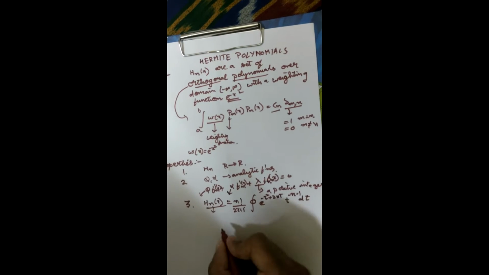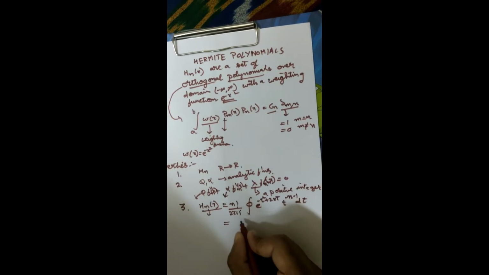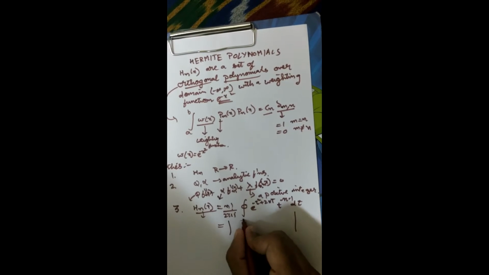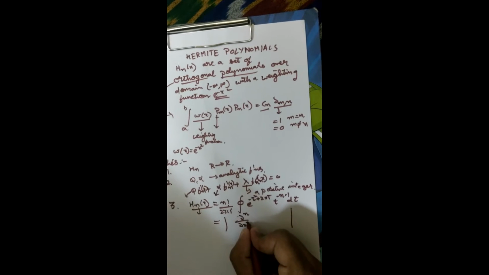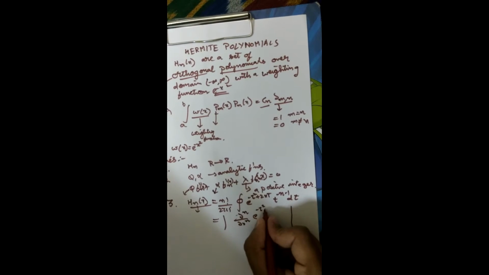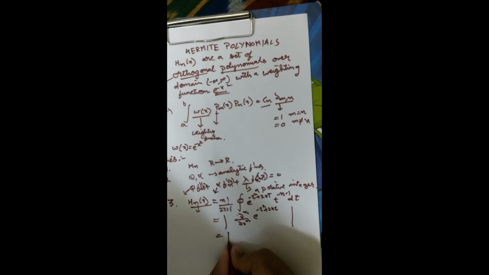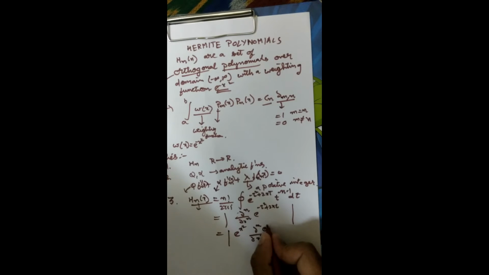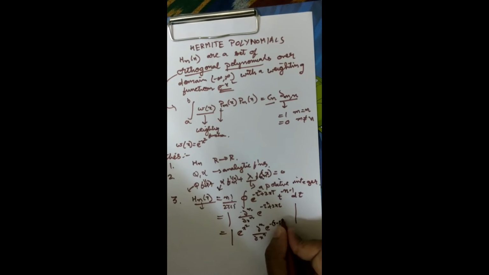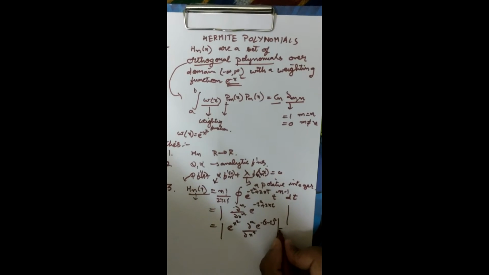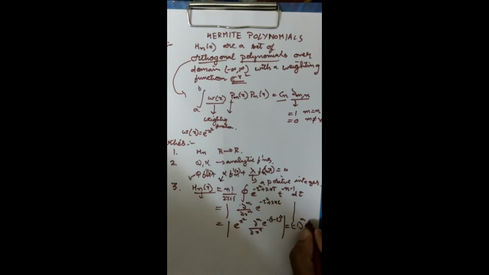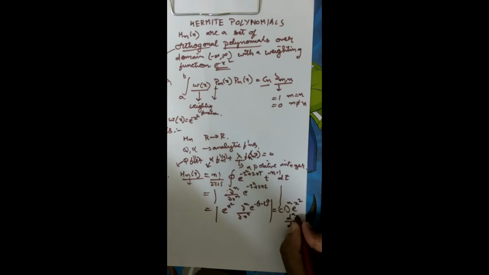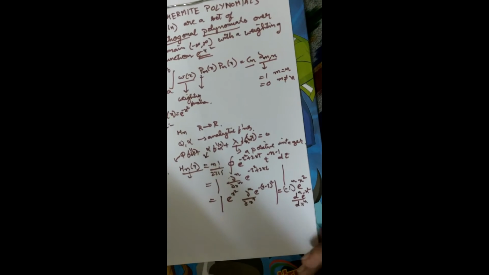We can further use the properties of complex analysis and simplify it using Taylor series in the following form, which finally is e power minus x square. Okay.